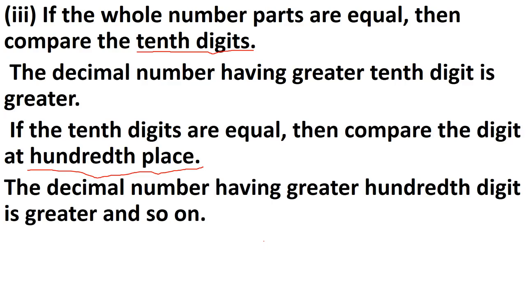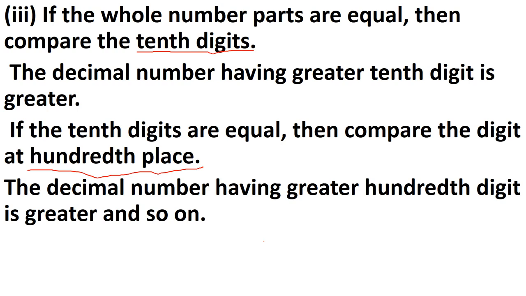Fine. So let us recapitulate how to compare decimal numbers. First of all, we will convert decimal numbers into like decimals, meaning the number of decimal digits will be equal in all. After that, we compare the whole number part.